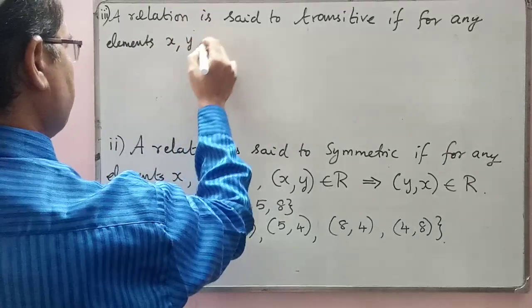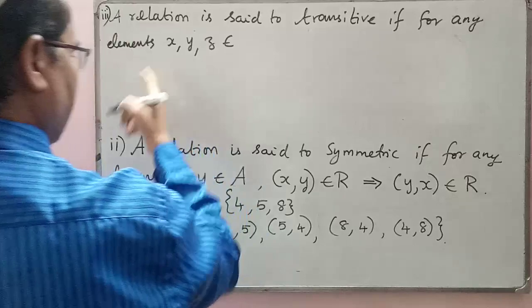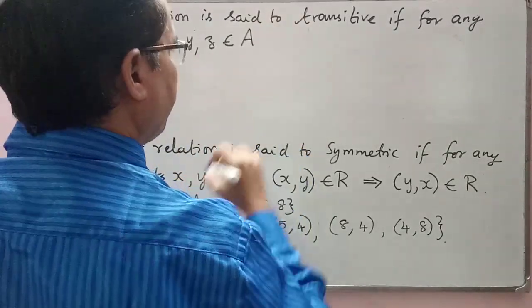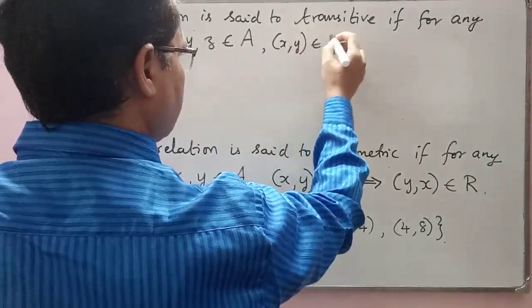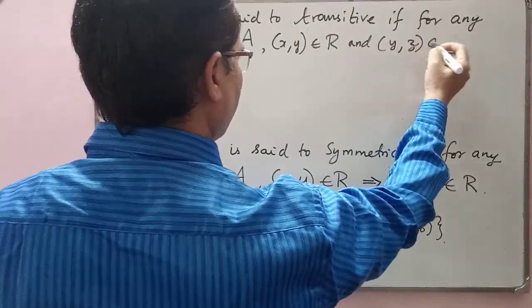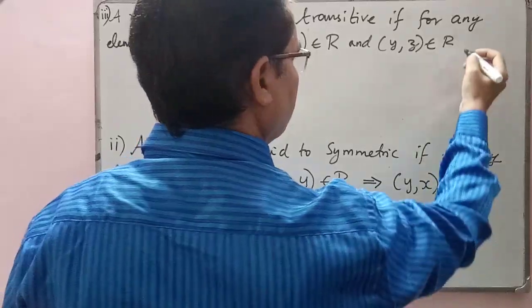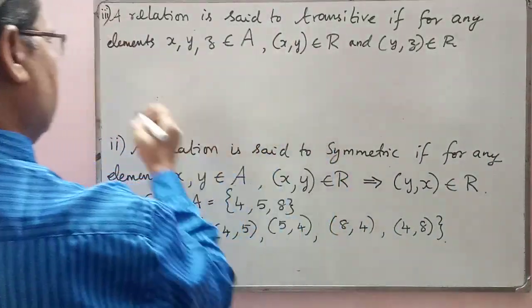X comma y comma z. Now we are going to take 3 elements. In reflexive we took one element, in symmetric we took 2 elements, and now we are talking about 3 elements belonging to set A such that x comma y belongs to R and y comma z belongs to R. Then this relation is said to be transitive.